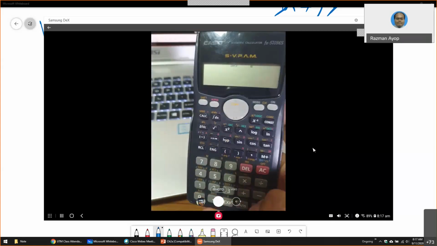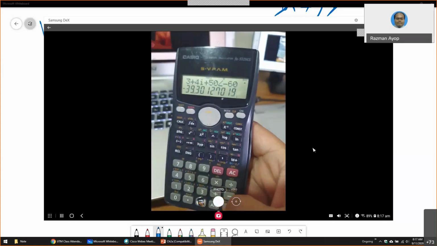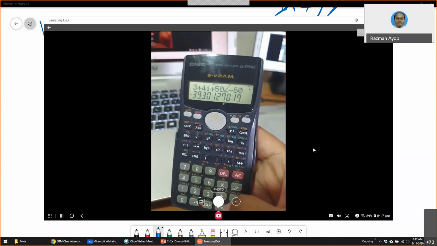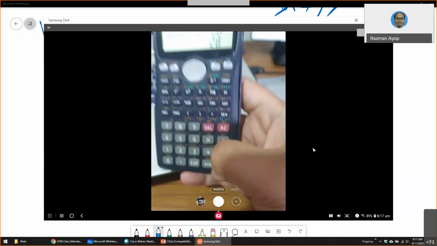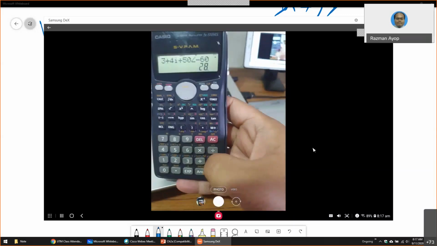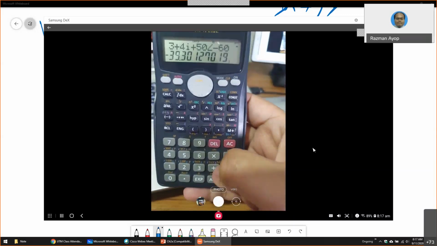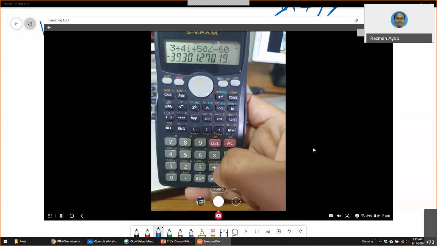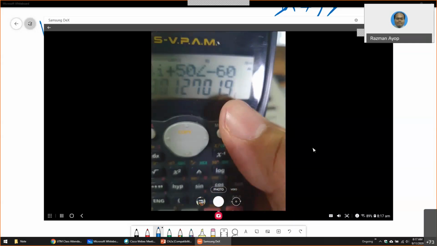So it equals 28 minus 39.30. Don't forget the imaginary part. Shift equals, you get 28 minus 39.30. So you can see the imaginary part is placed here.